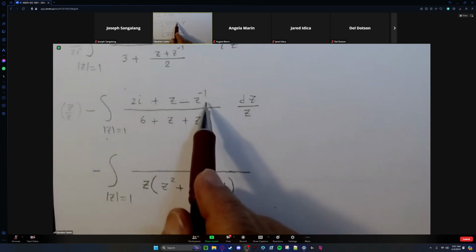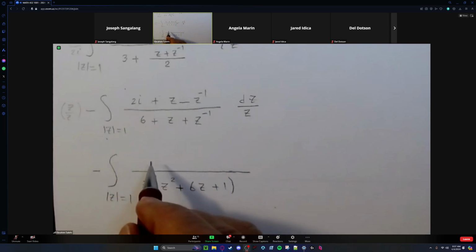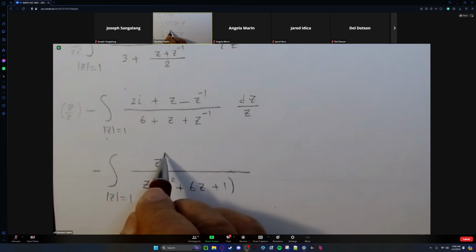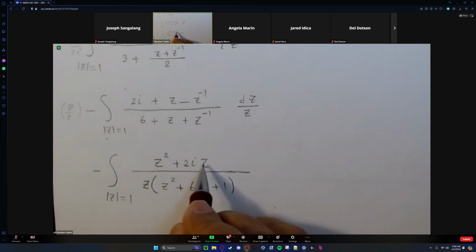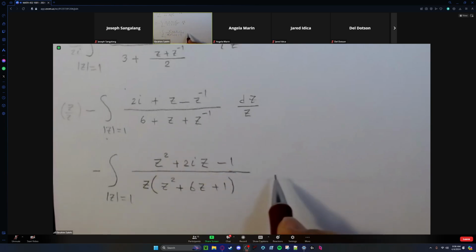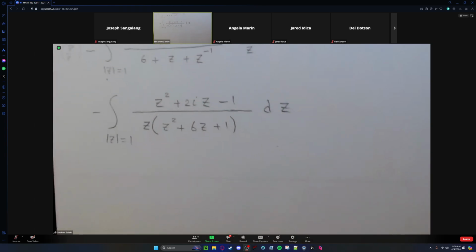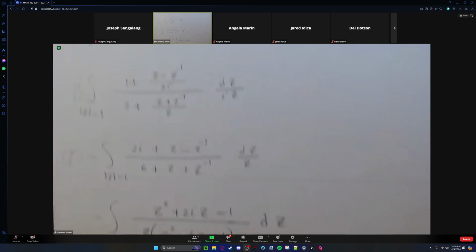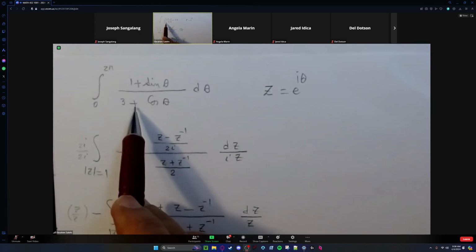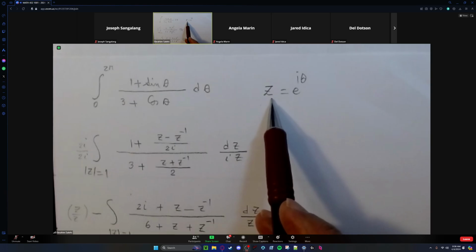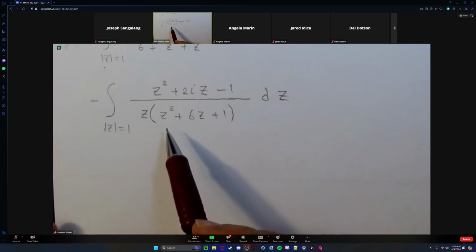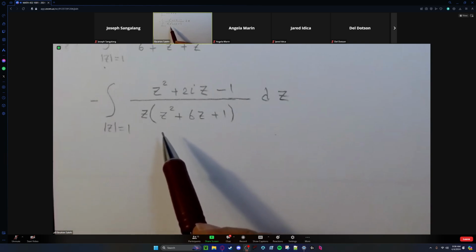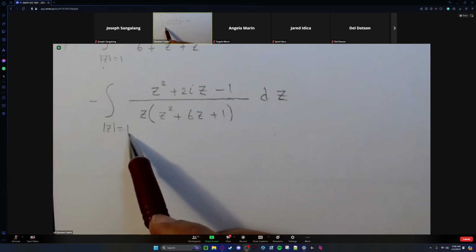And multiplying this by z, you get z squared plus 2i z minus 1. Good. Now we are there, right? So this integral, by this change of variable, was converted to this integral, which is an integral of a complex function over absolute value of z equal 1.